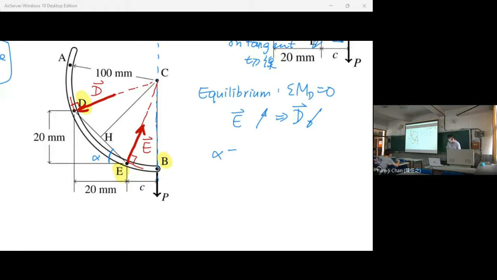Alpha is 45 degrees, and of course angle HCB is also 45 degrees then. Let me mark it here, 45 degrees, because this one is a right angle.